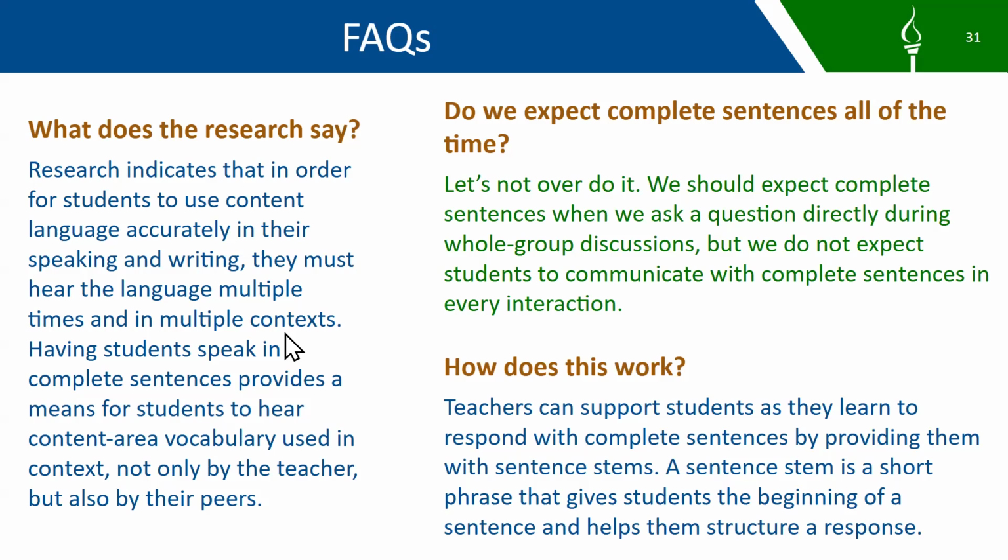They have to hear it multiple times in many contexts. And when they practice speaking in complete sentences, it provides a means for them to hear content area vocabulary used by the teacher and by their peers. So it gets them speaking, it increases their listening, and it's just great all around.